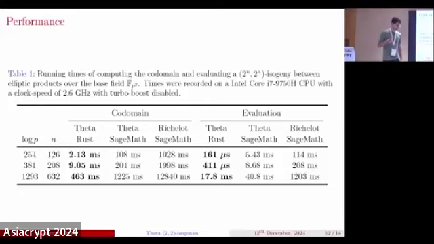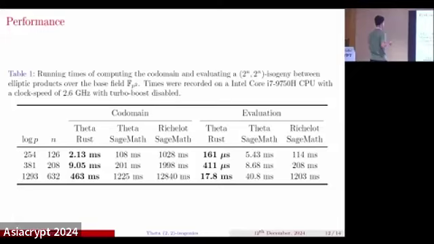Okay, I just want to conclude by showing some timings. Here we are working over the base field F_p squared. Let's just look at the first row. We implemented the algorithms both in SageMath and Rust.